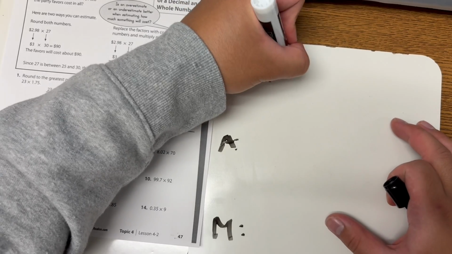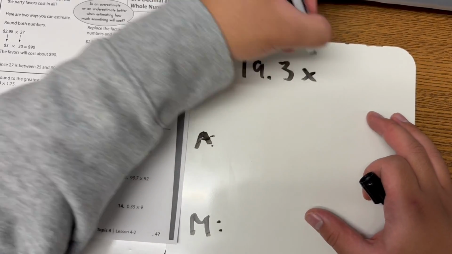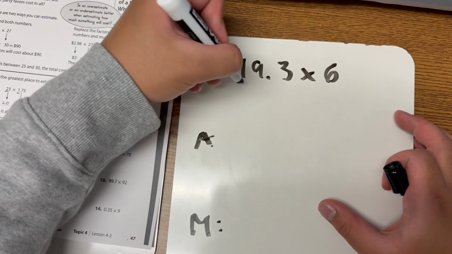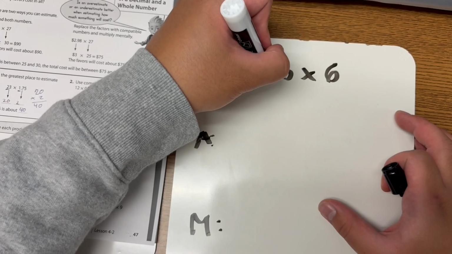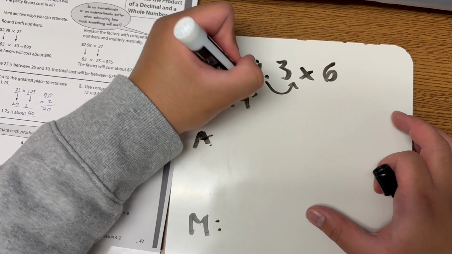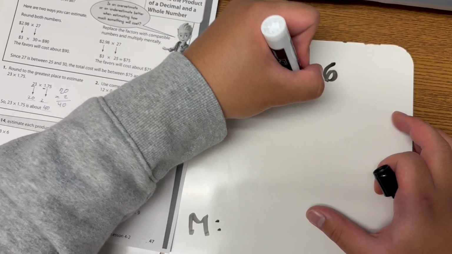We have 19 3/10 times 6. We know that we need to move our decimal point 1 space to the right. So now we have 193 times 6.